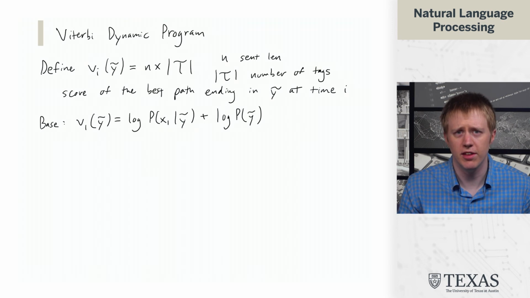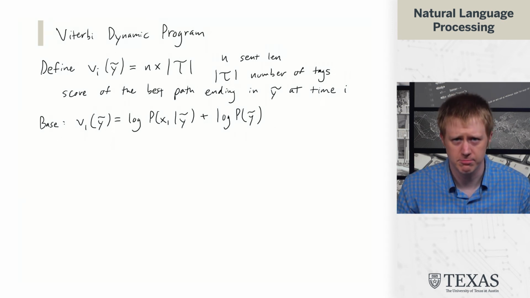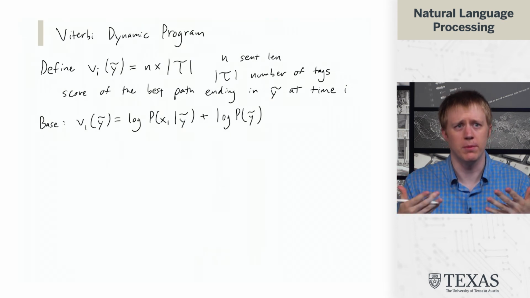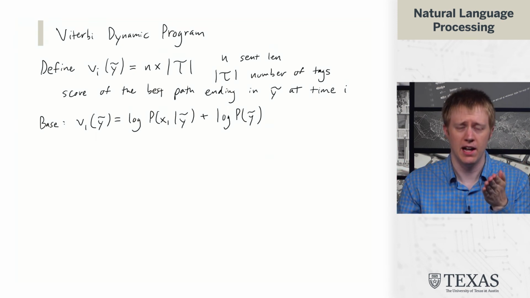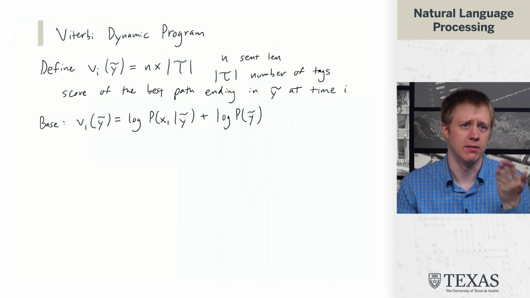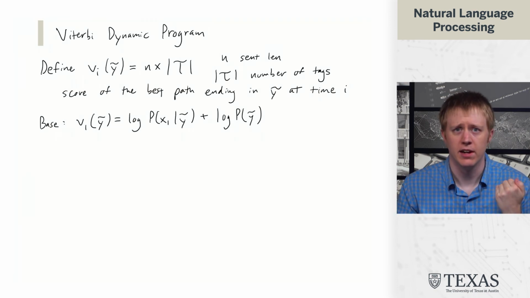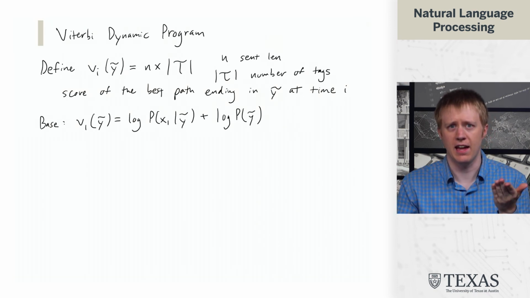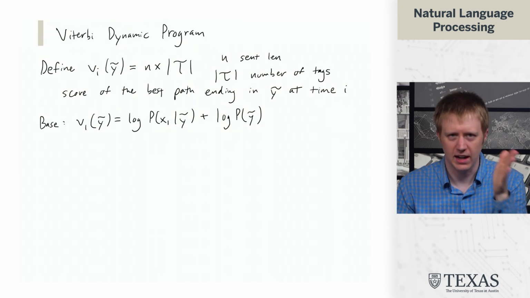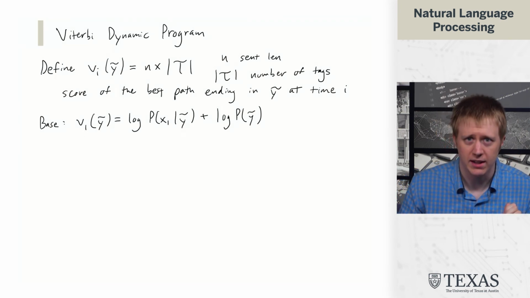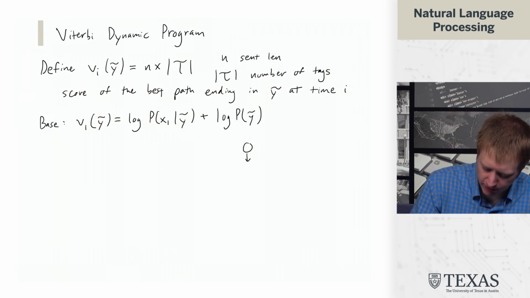And this is basically, when you tell me, okay, I have to be in this particular state at the first time step, this is the score that is associated with that. And you can think about this as kind of all of the terms that kind of come up to that point in the computation of the joint probability.